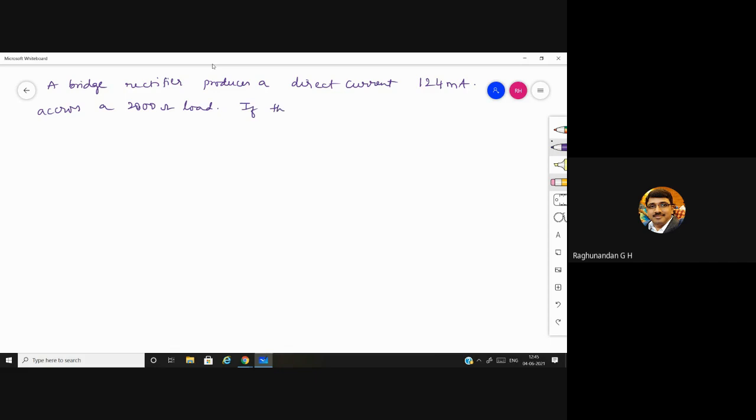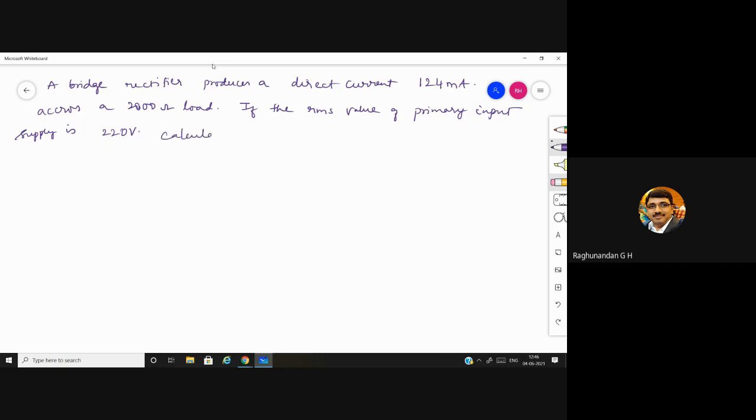if the RMS value of primary input supply is 220 volt.